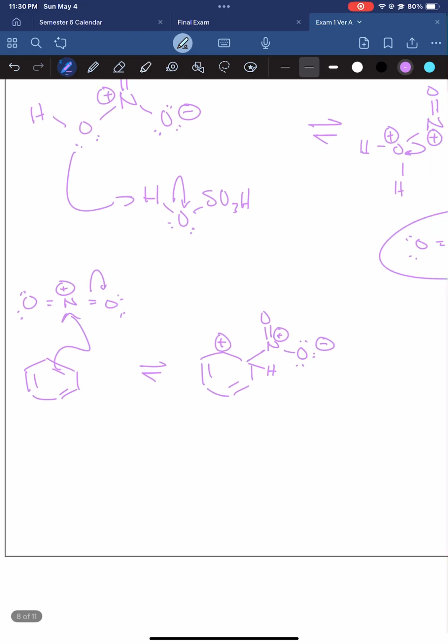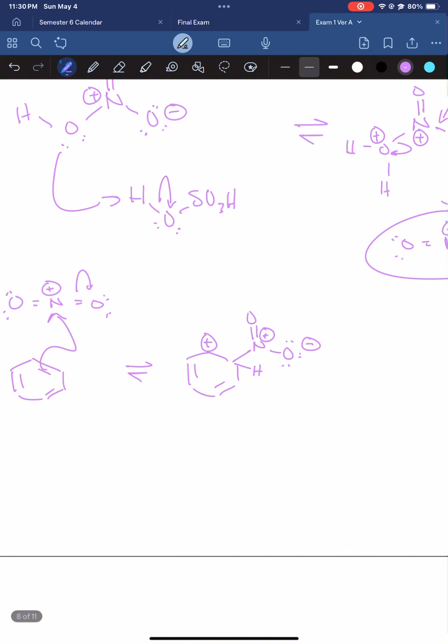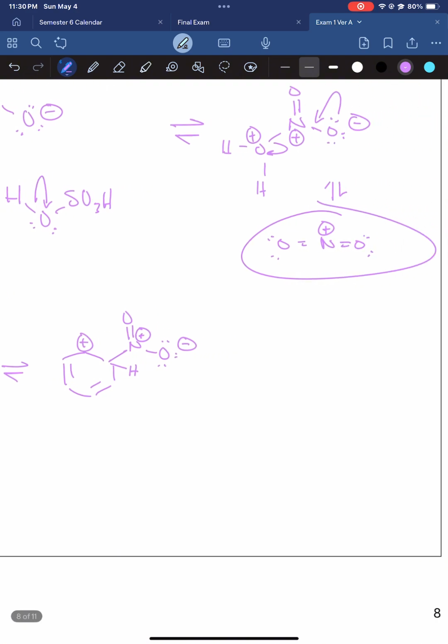And it does say draw out all the resonance structures, so we're going to go ahead and do this. These electrons are going to swing up here, causing the positive charge to move down there. Don't forget to draw all your formal charges throughout your whole molecule.